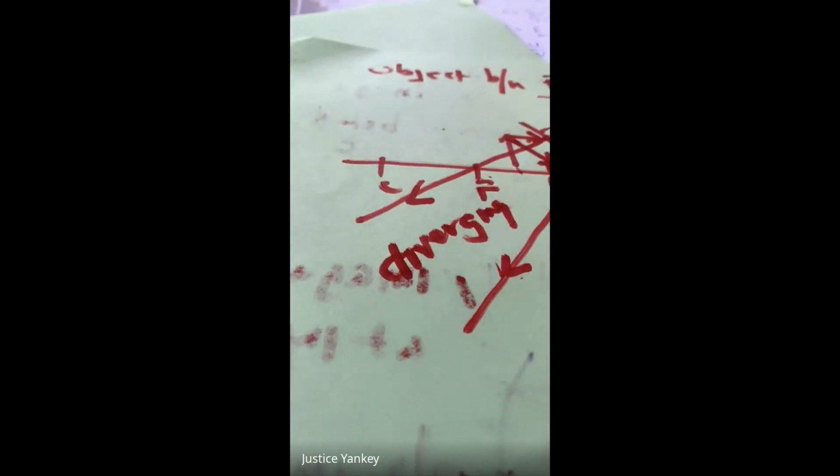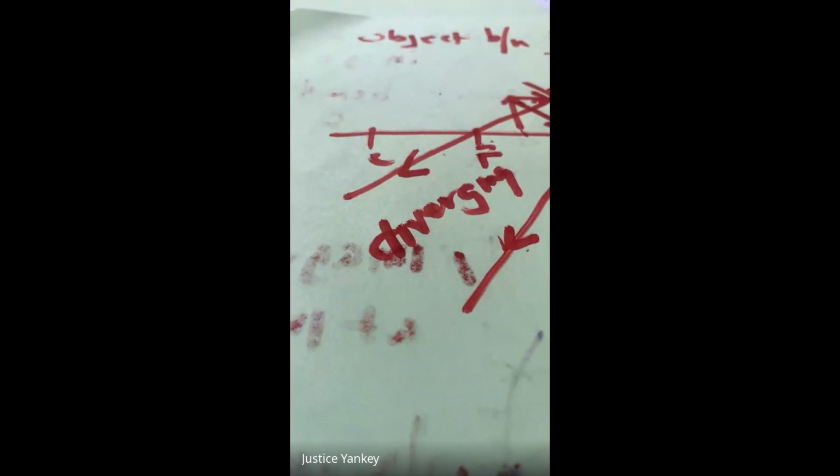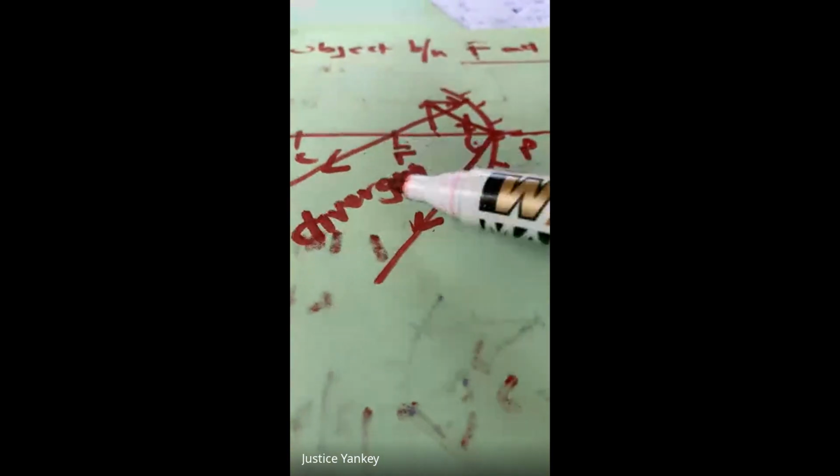They are spreading out. Remember, when the object was at the focus, the reflected rays were parallel, so they met at infinity to form the image at infinity. Now, the object is between F and P, and these reflected rays are no more parallel, they are diverging.